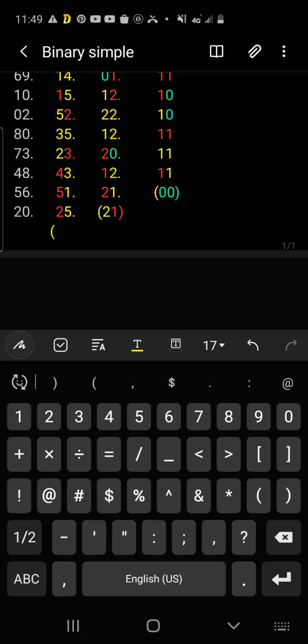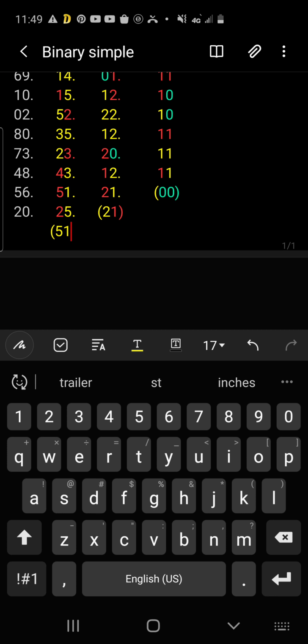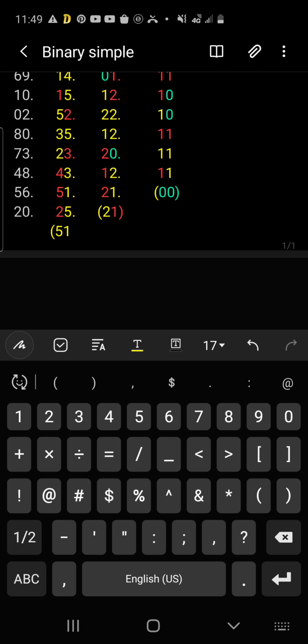So the 2 turns into a 5. And then we have to decide if we're going to make it a 0 or a 5. But we know it's a 5. And then we're going to do plus 1 to that. So that 5 turns into a 1. So we know we're looking for a 5, 1.